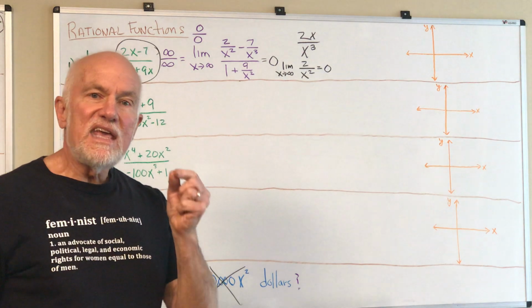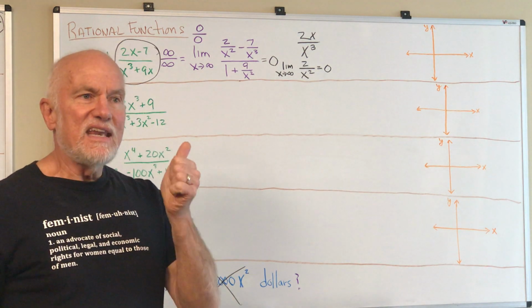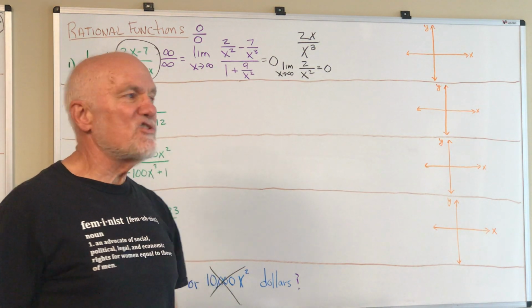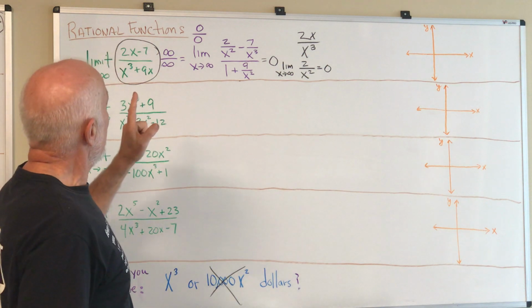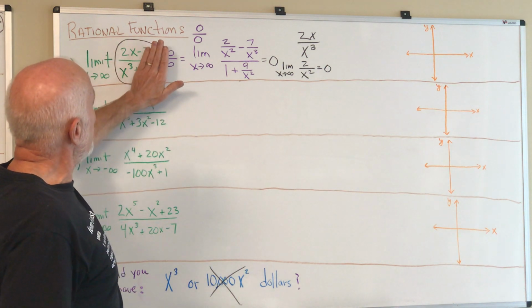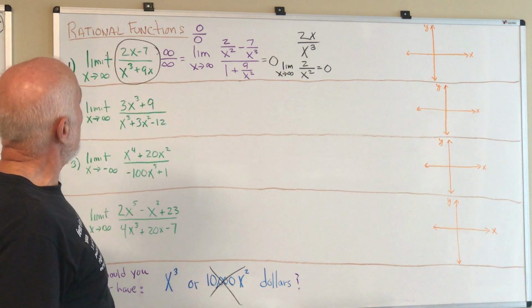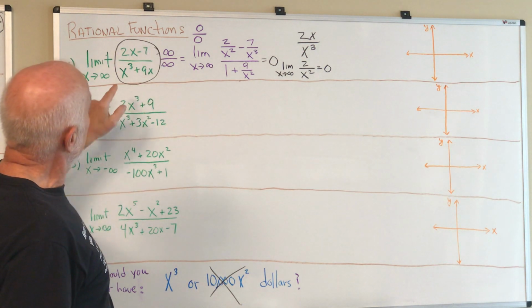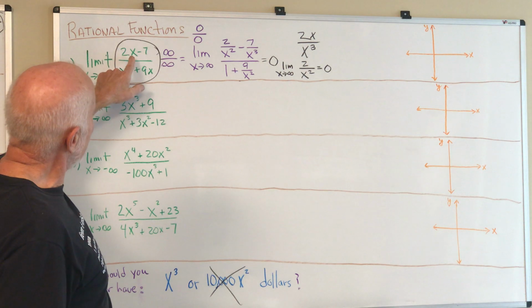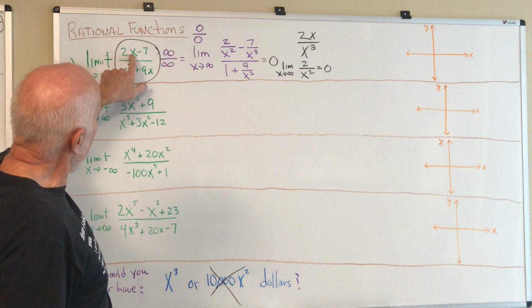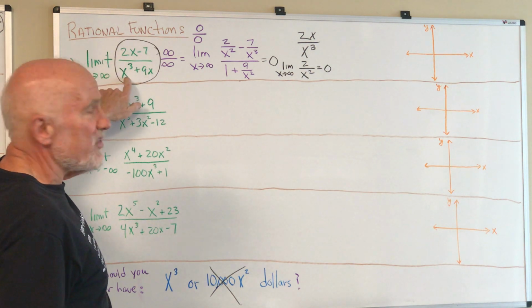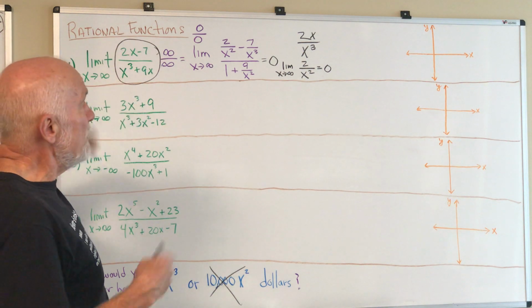And if you really are thinking here, you're going to say, maybe I can make this job even easier. If I really can ignore everything but the highest power of x in the numerator and the denominator, and I have a case where the highest power of x in the numerator is less than the highest power of x in the denominator, I don't have to do anything.